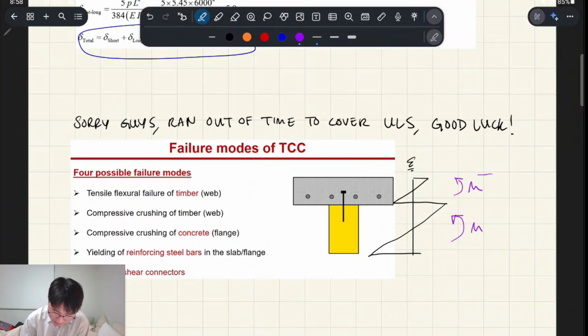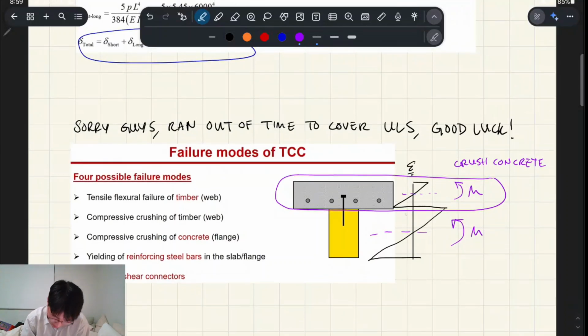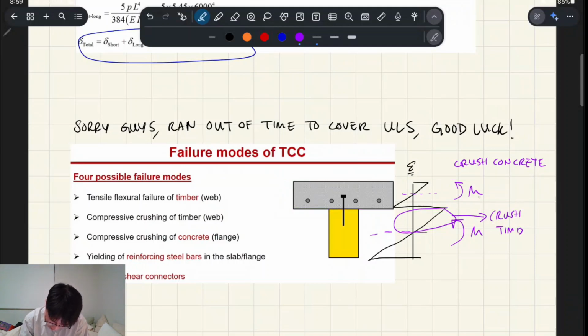But I think this one, if I was to guess, is the crushing of concrete. You got to check that moment about that neutral axis there, and then this one is probably for crushing of timber. It's bending downwards. The top is in compression, so that's crushed timber. This one's probably the crushed concrete one you check.